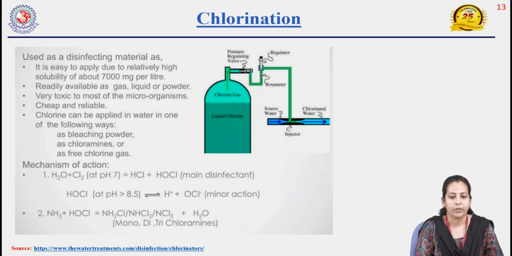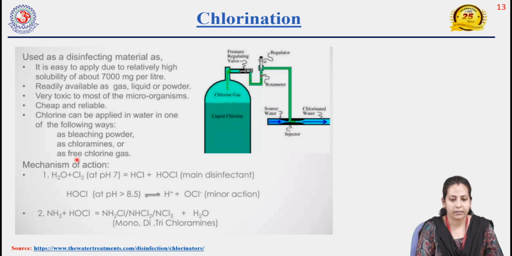In powder form, all of you know that bleaching powder is available in the market. It is very toxic to most microorganisms and kills very fast, and it is cheap and reliable. Chlorine can be applied in water in powder form, in liquid form like chloramines, or in gaseous form like free chlorine.